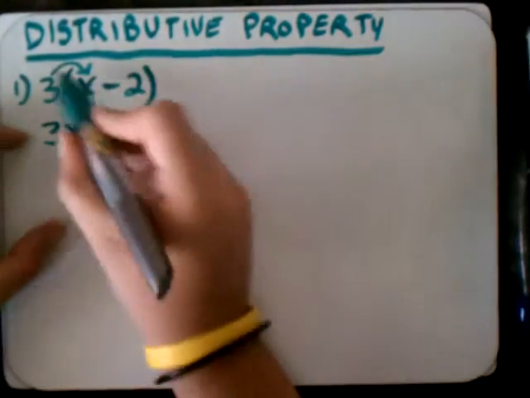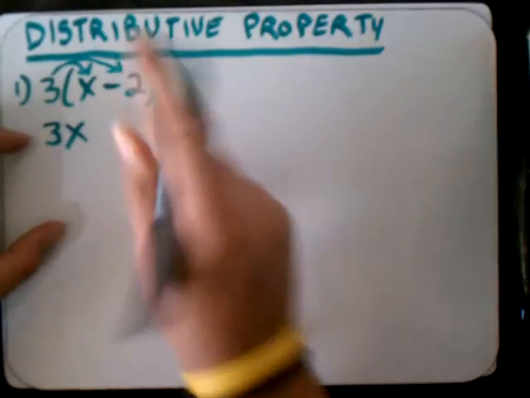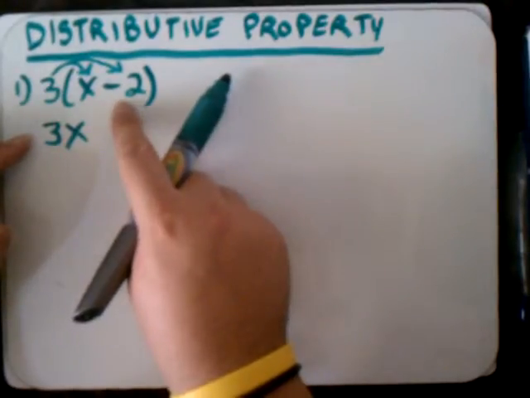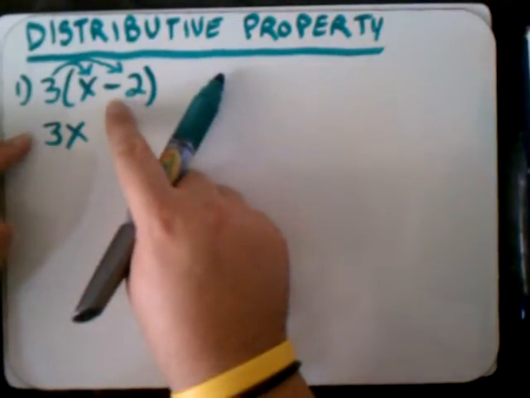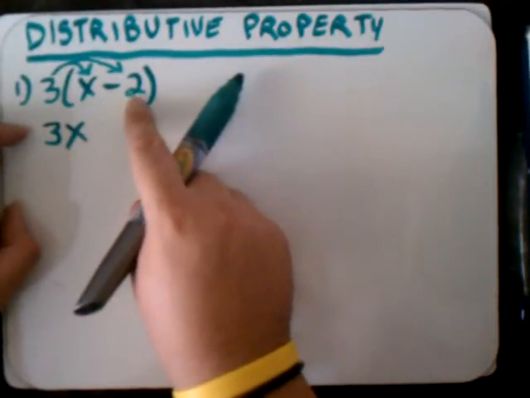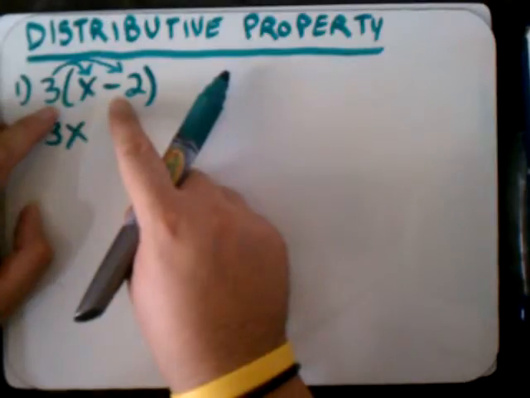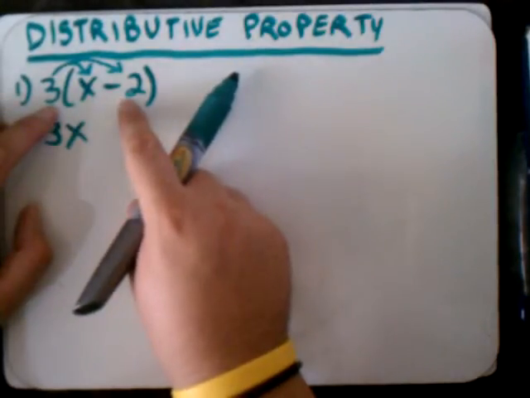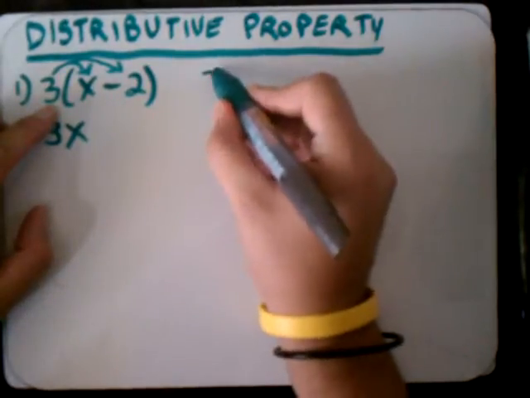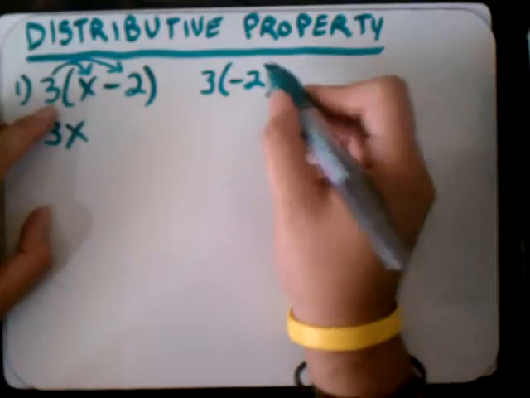Now, the outside 3 is going to multiply the negative 2. When you have a sign in front of the number, that sign belongs to that number. So in this case, we're going to say 3 times negative 2.